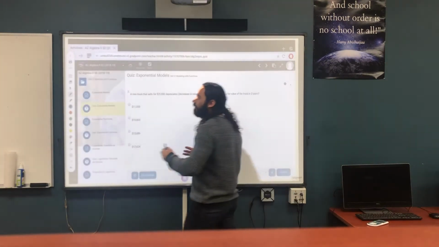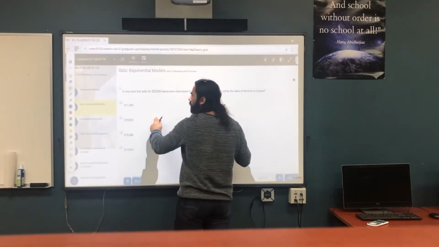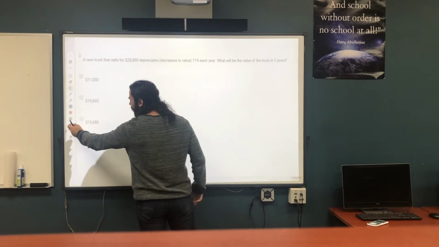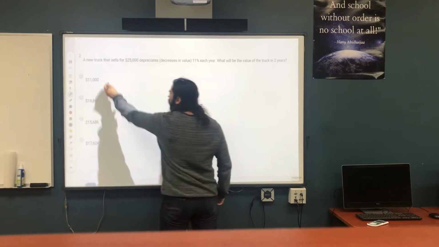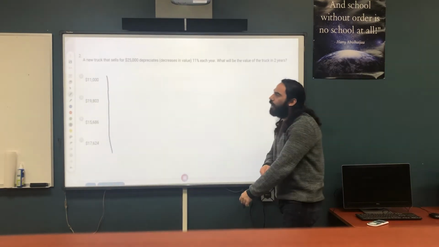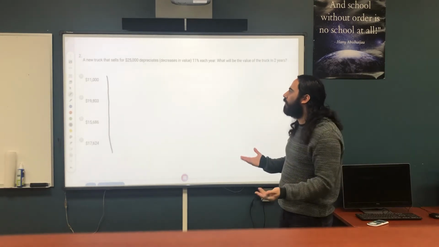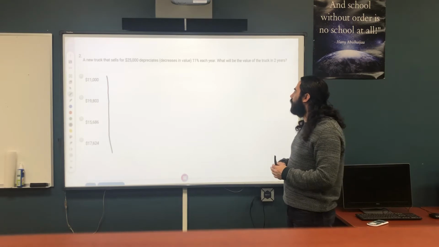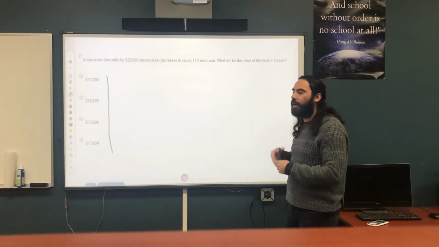Let's take a question that depreciates instead of increasing. Depreciate means decreasing. So let's start. A new truck that sells for $25,000 decreases in value 11% each year. What will be the value of the truck in 2 years?